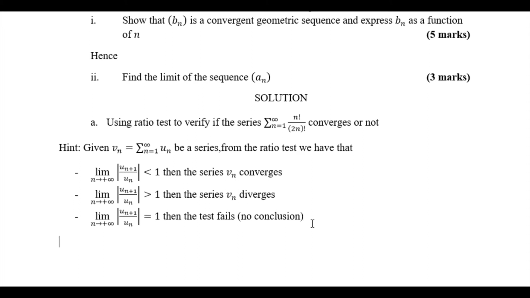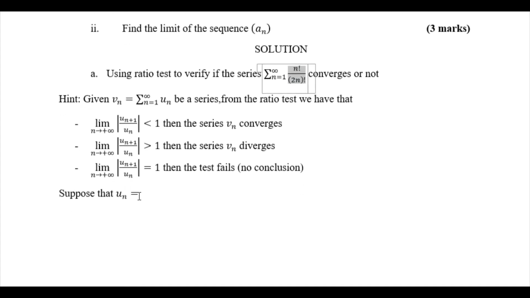Suppose that our u_n is equal to n factorial divided by (2n) factorial.